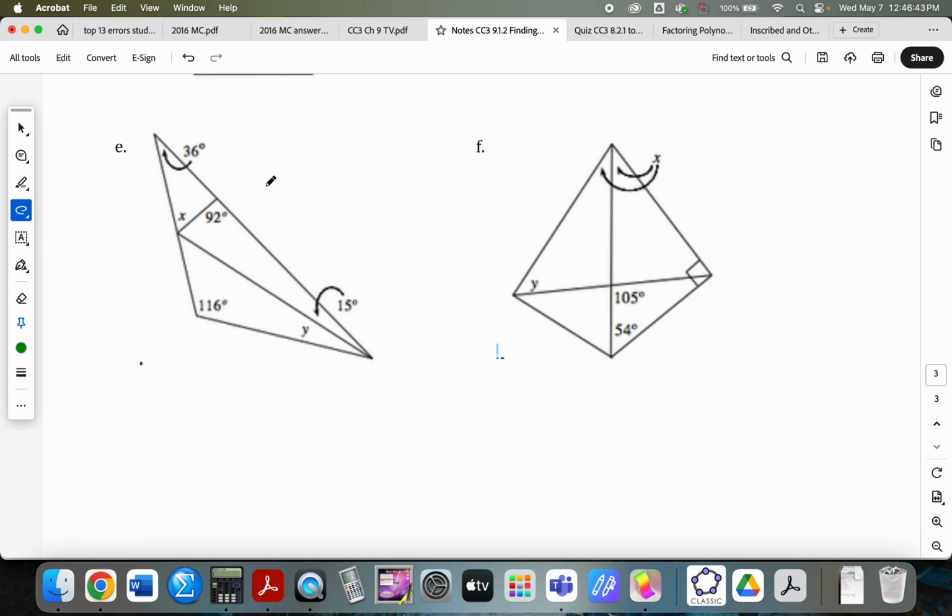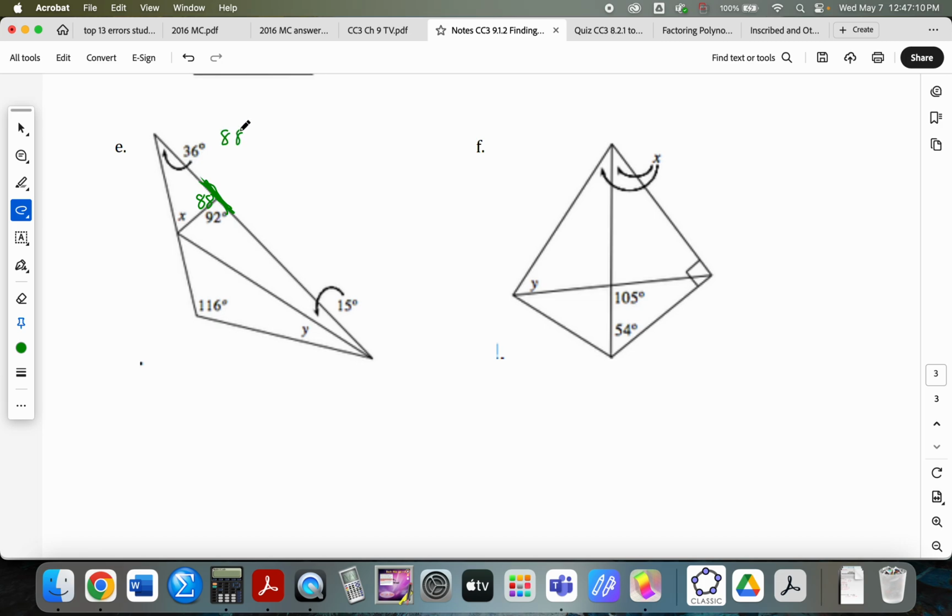There are a couple of different ways that you can do this. I personally started right here. If this angle is 92, because here we've got a straight angle, that'd be 180. So how much is left for this angle? 88 degrees. Good job. Now I've got two of the three angles in that triangle.